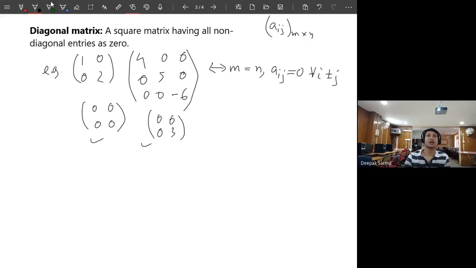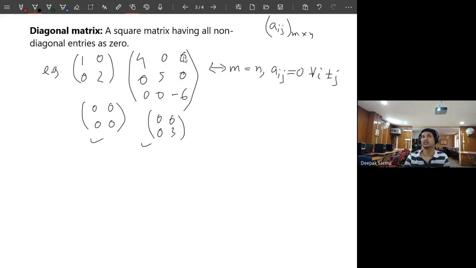Why is it so? What is the position here? Here the position is 1 2 for this particular entry. For diagonal entries, as I said, positions are 1 1, 2 2, 3 3, or in short ii. So for diagonal entries, i and j both are the same. Off-diagonal entry means all the numbers for which i and the corresponding j are not the same.